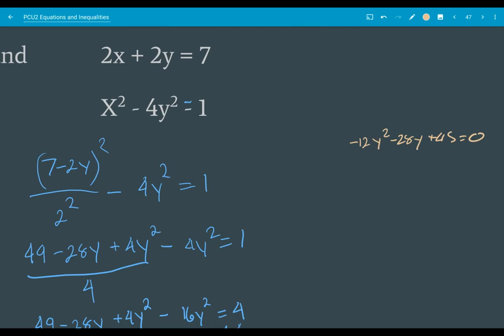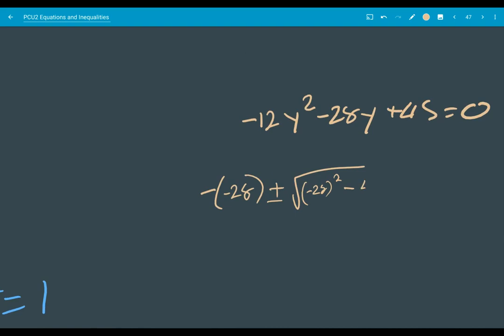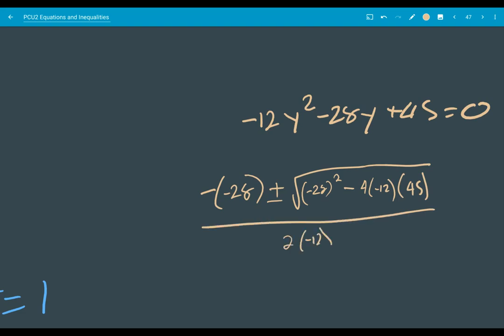So you simply plug that in. Negative 28 plus or minus the square root of negative 28 squared minus 4 times negative 12 times 45 all over 2 times negative 12.